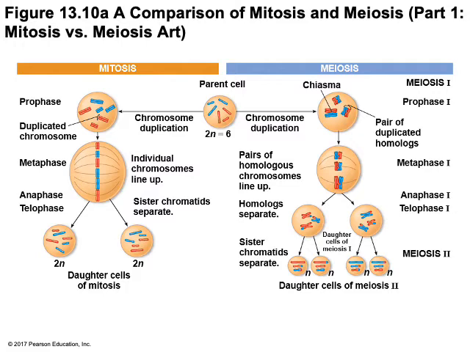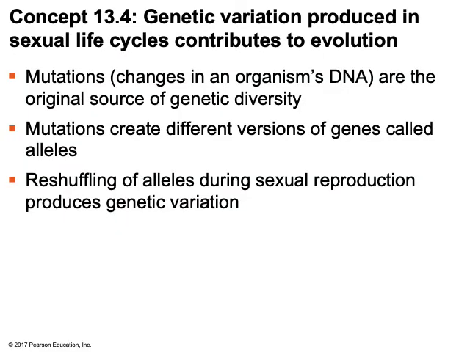And so what this does, and sort of the whole point of sex, is to produce genetic variation. Genetic variation occurs because of mutations. So say you have a mutation in the cells that are producing your eggs or sperm, well, those changes would be passed down to your offspring.